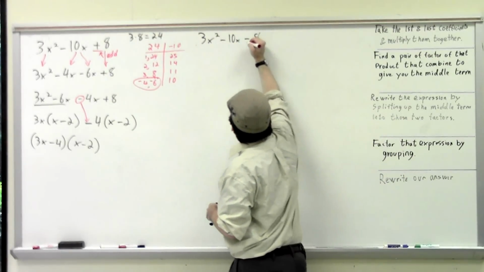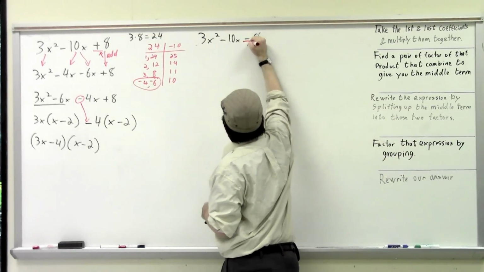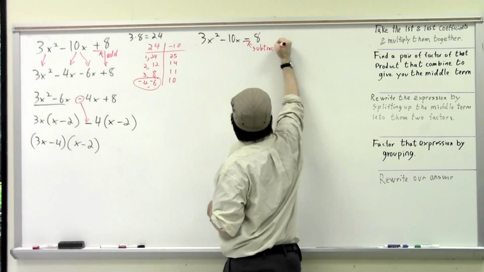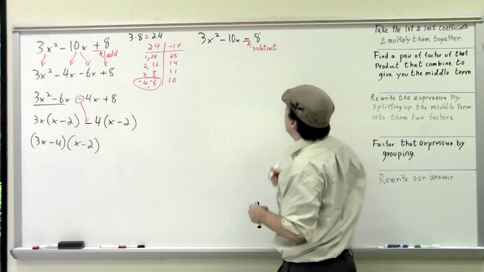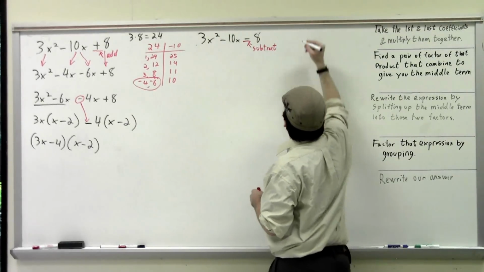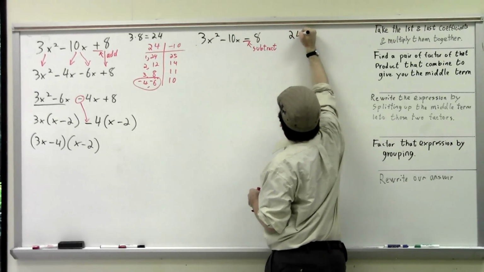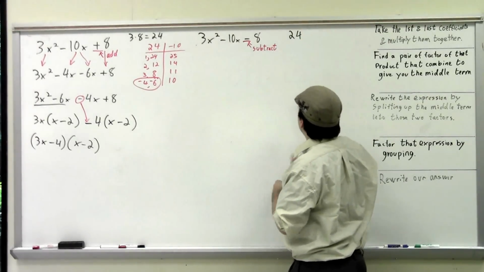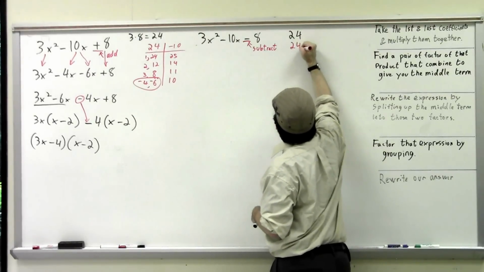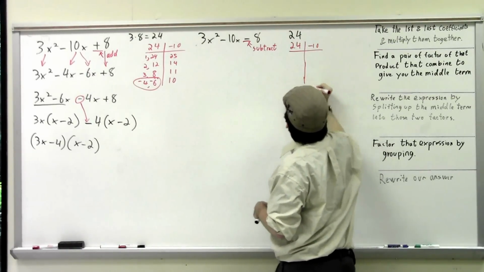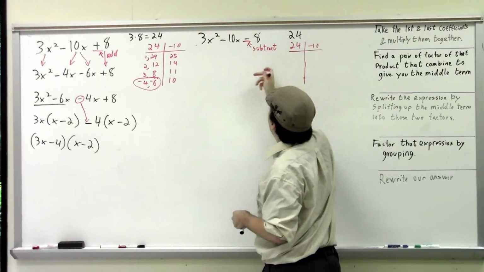All right, that minus right there means that we're going to subtract. Okay, so when we look at our factors, we're going to look at factors of 24. And this time around, we still want them to combine to be negative 10, but we need to subtract them.